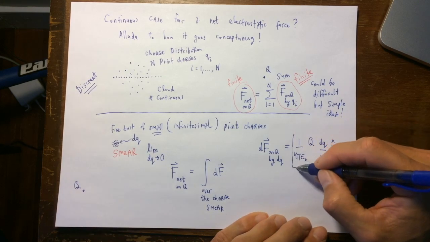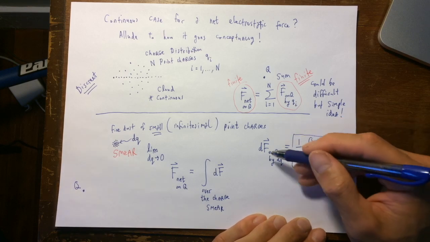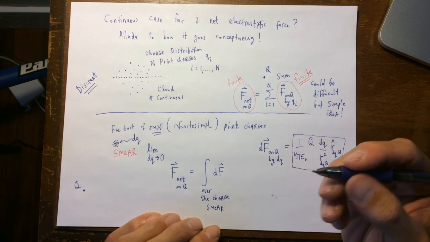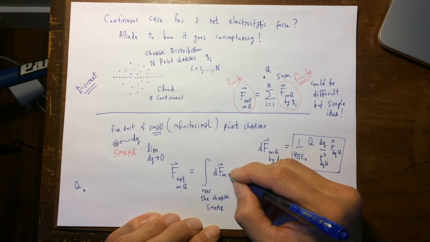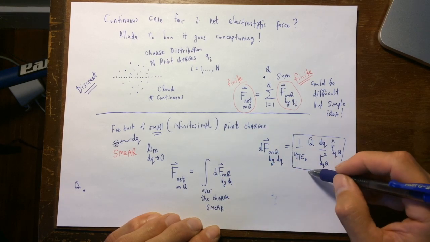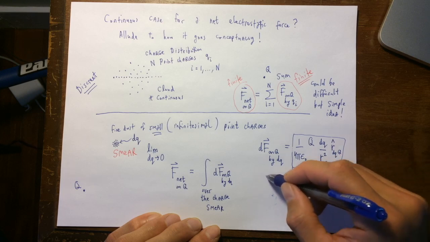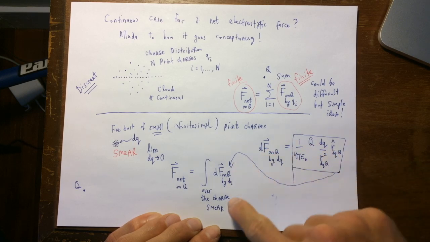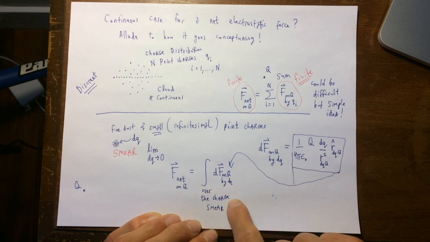And so you would take this expression for the small contribution to the net force on Q by dq, and you would just simply take this expression, fill it in, and figure out how to come up with bounds.